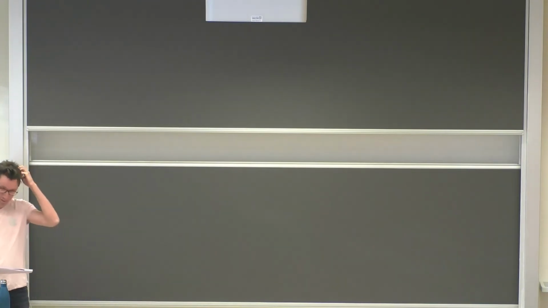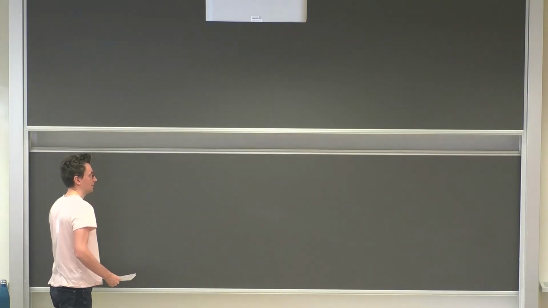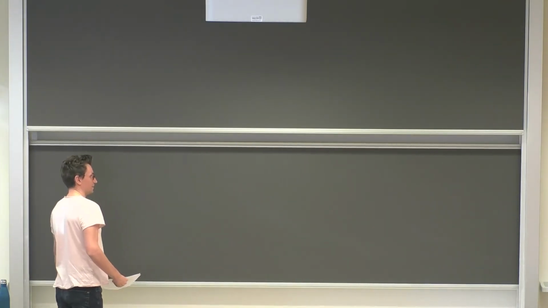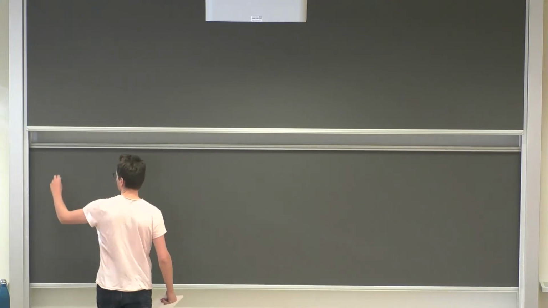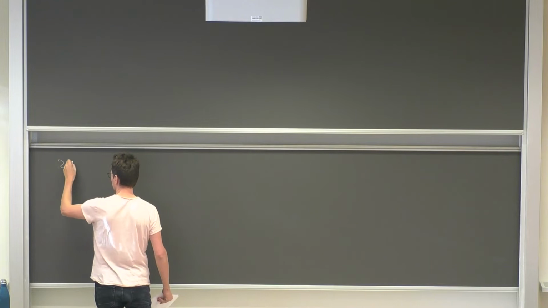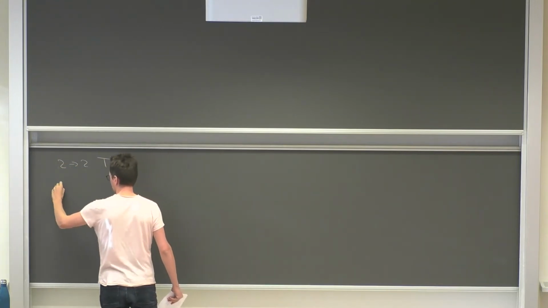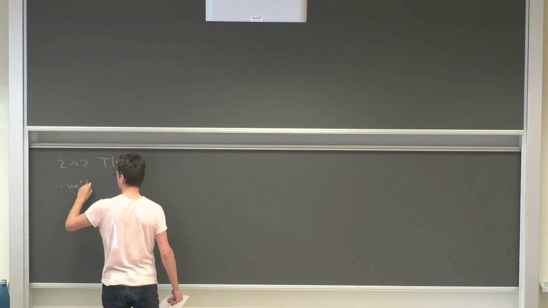So let me start with a little recap of what we have been doing, and slowly proceed from there. First, we discussed that we're studying the two amplitude, and we studied first the unitarity property.